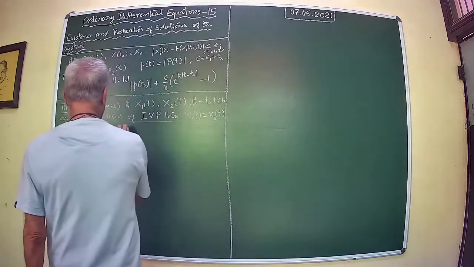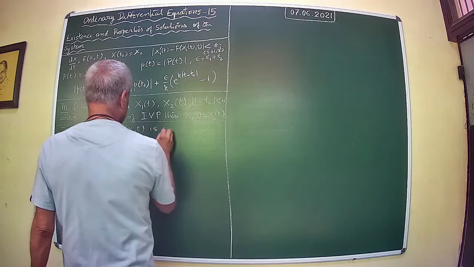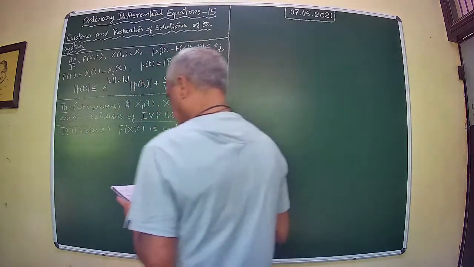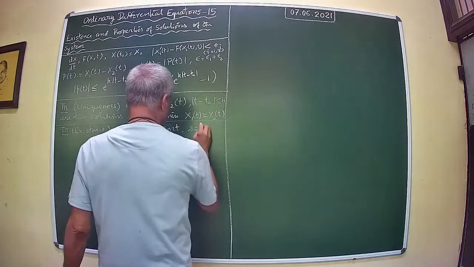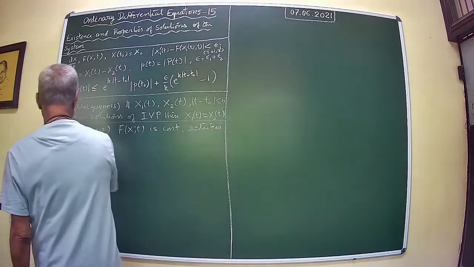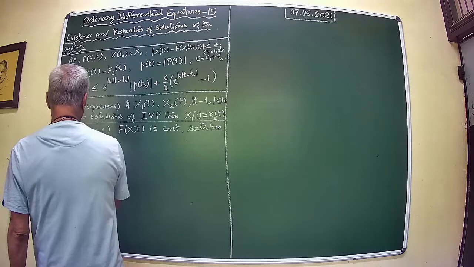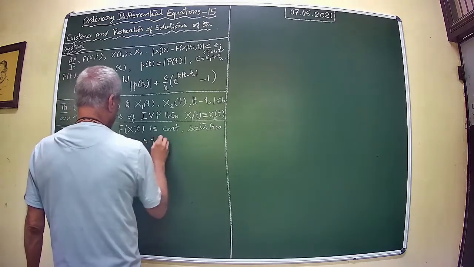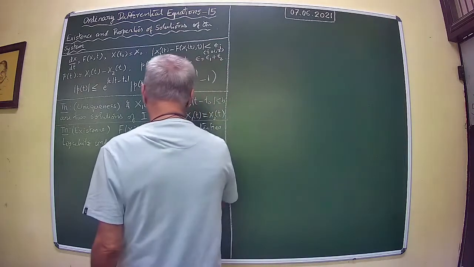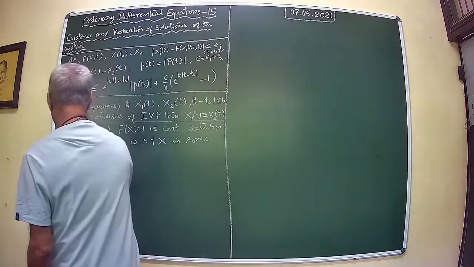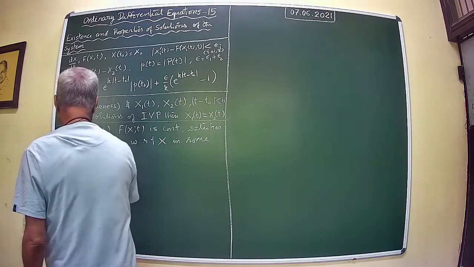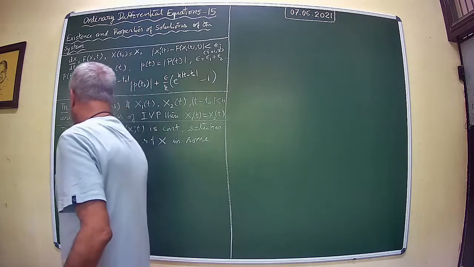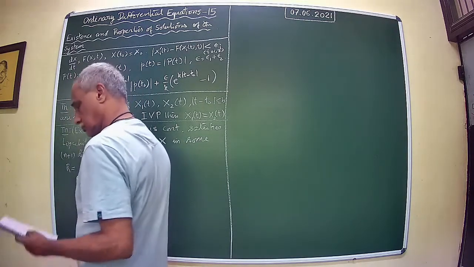We assume these assumptions: f is continuous in both the variables and satisfies a Lipschitz condition in x in some region R. So R may be given by the following.